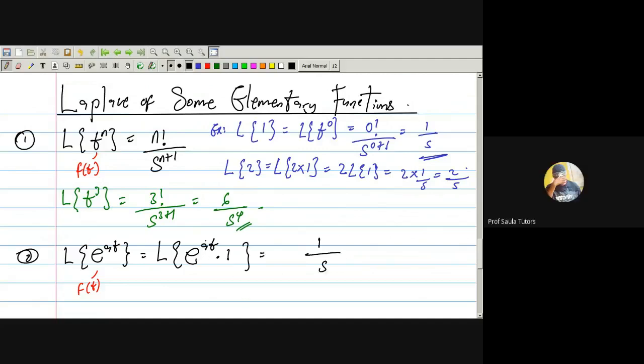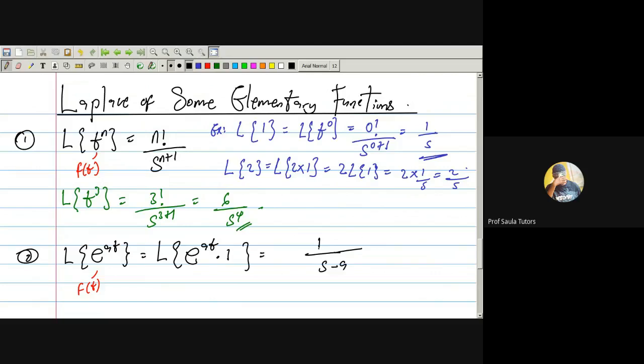Now, since the exponential is multiplying it, and the power of that exponential is at, go and subtract this a from the s you're having there. So my answer is 1 over s minus a. That's it. So you don't have to cram anything. So the Laplace transform of e raised to power at is 1 over s minus a. So don't just disturb yourself.